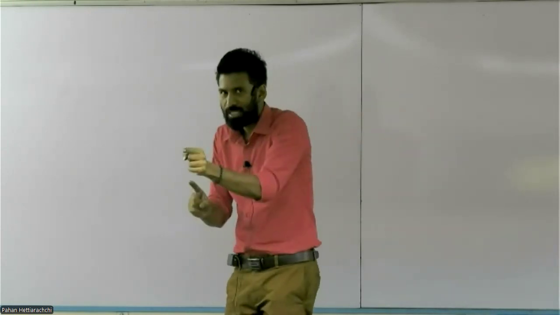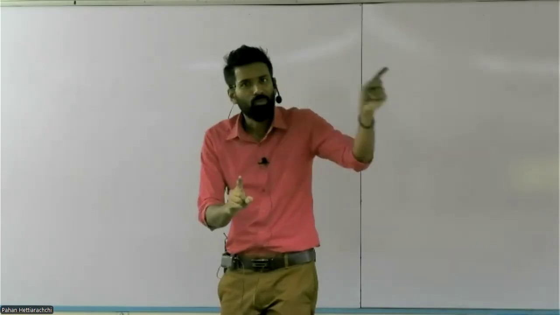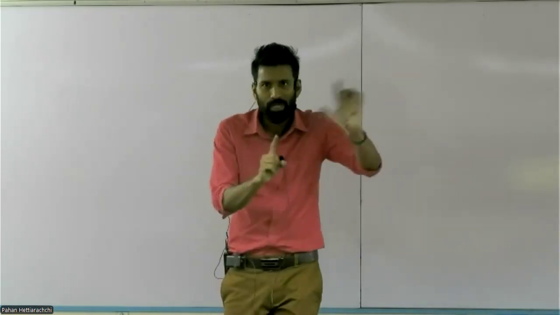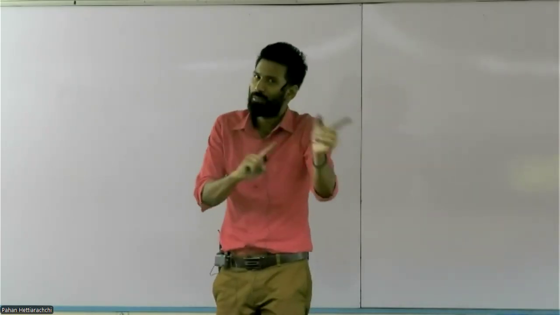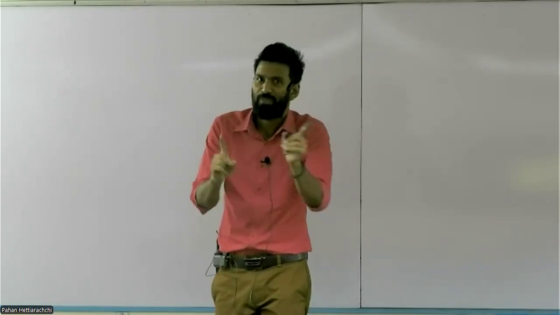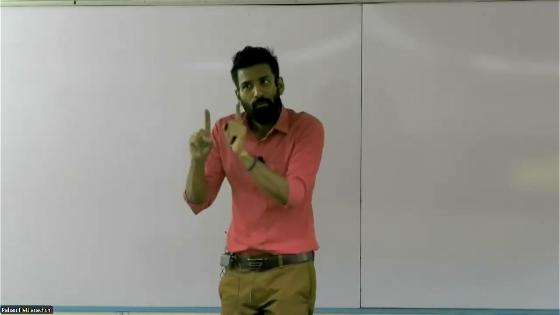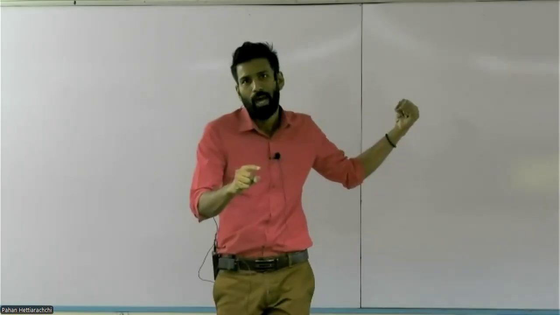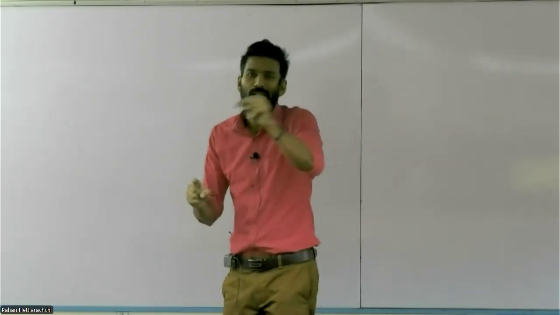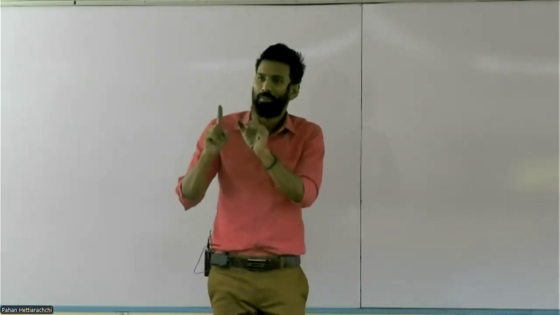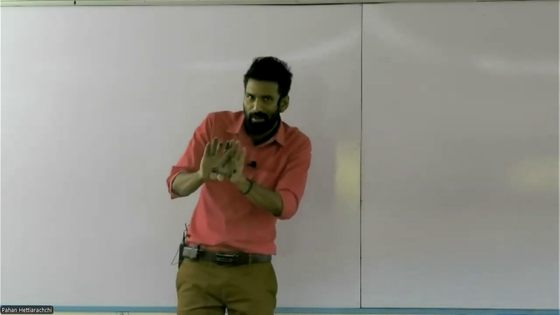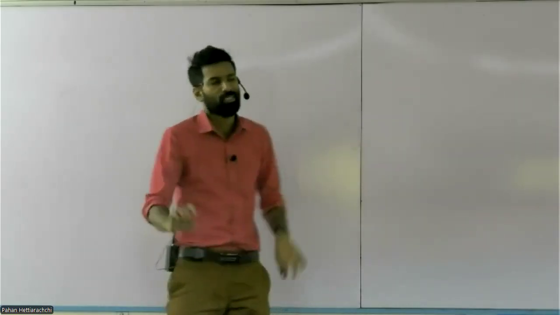And if F is 0, mv minus mu is 0. That means momentum difference is 0. So the momentum is conserved. It's the same if there's no F. What I showed you was for a single mass. Now I'm telling you that scientists have expanded this theory for systems of masses.